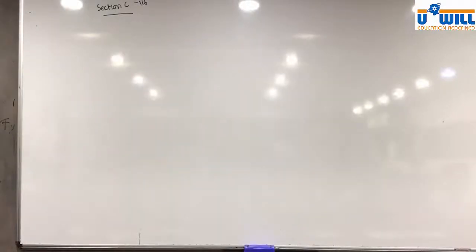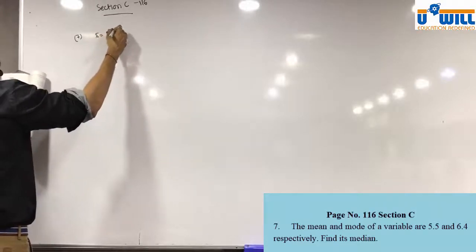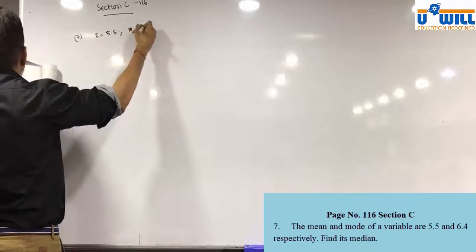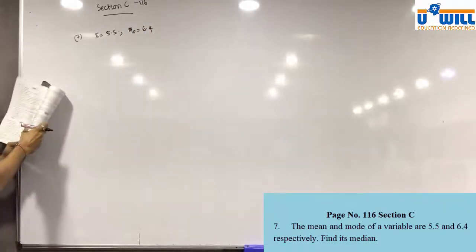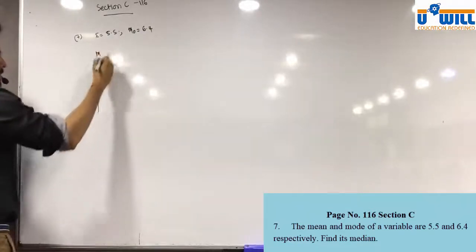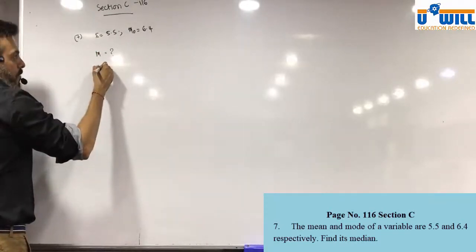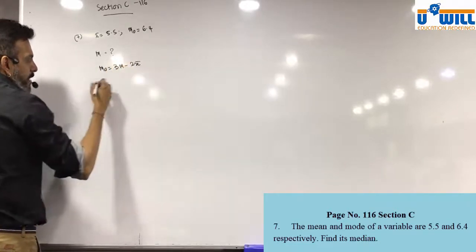We'll start with the seventh one. Mean x bar is equal to 5.5 and mode is equal to 6.4. Find its median. Median find करना है. Which formula will we use? Empirical formula, Karl Pearson. So mode is equal to 3 median minus 2 x bar.